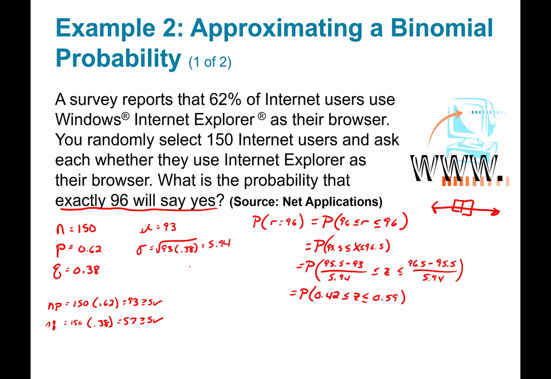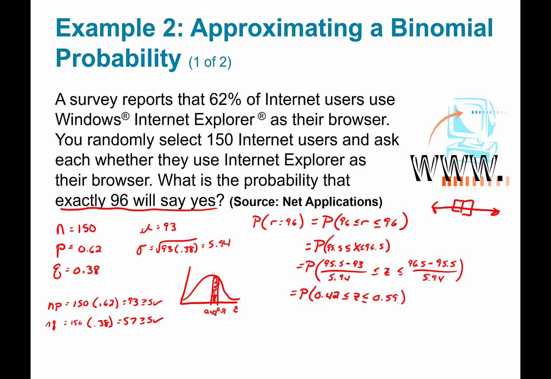And so now, sketching out what this looks like, there's our z distribution. Here is 0.42. There is 0.59. And so there's the region we're trying to find.